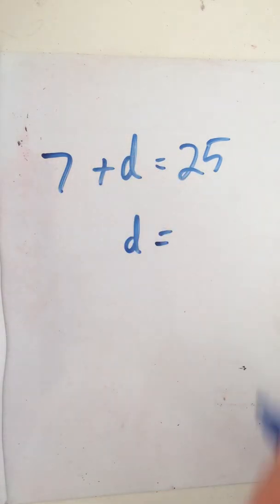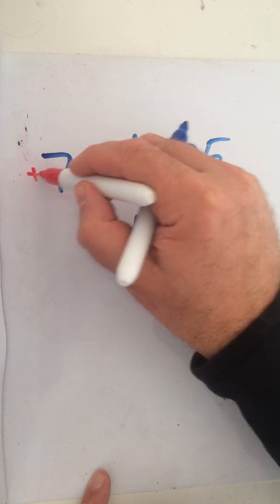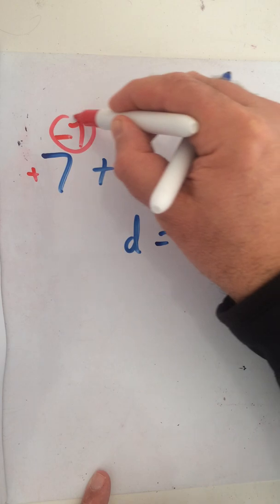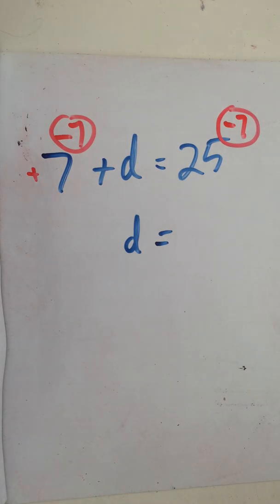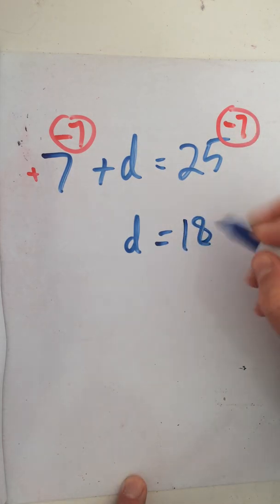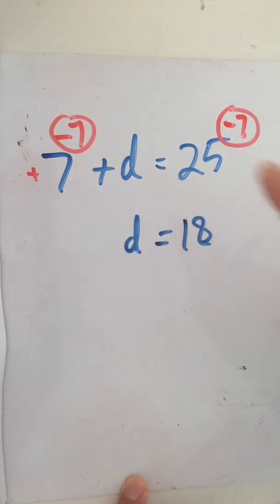This is a positive 7, although it's not yet, because it's got no sign there. So I know that's a positive 7. To get rid of that positive 7, I have to take 7 away from it, and I have to do the opposite. Therefore, I'm going to take 7 away on this side, because it's the balance method. 25 take away 7, 18. 18 plus 7, 7 plus 18 is 25.